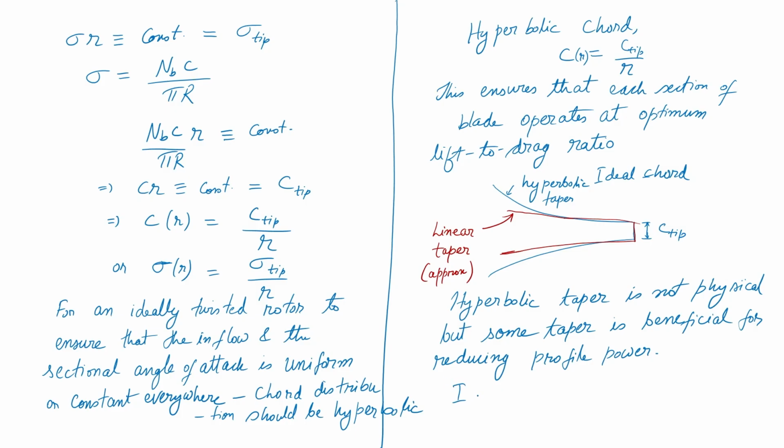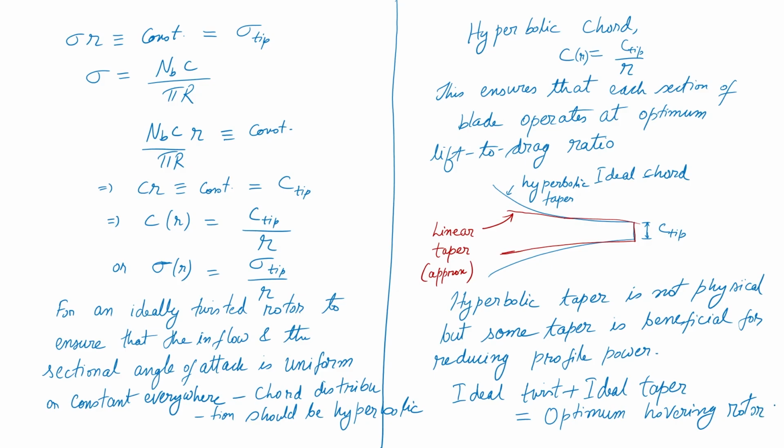So, we can say ideal twist plus ideal taper gives me optimum hovering rotor.